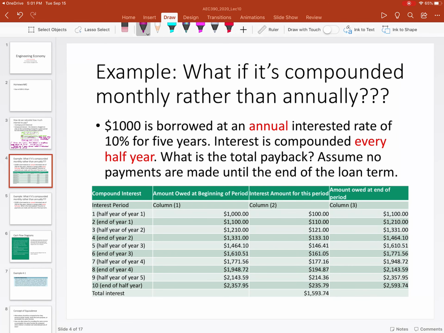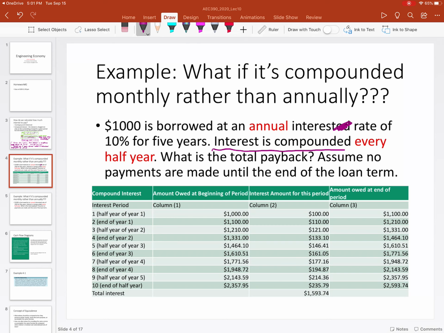Now here is an example. Okay, I will show you how the n changes. So here still you borrow 1,000 from the bank at an annual interest rate of 10% for 5 years. Okay, it's exactly the same as the example we showed in the last class.